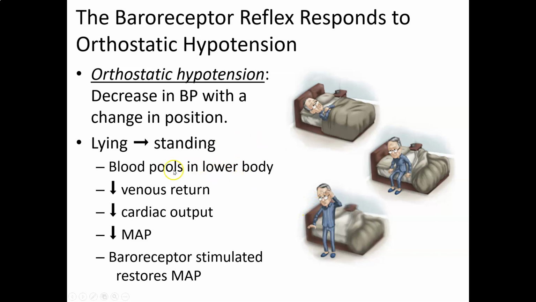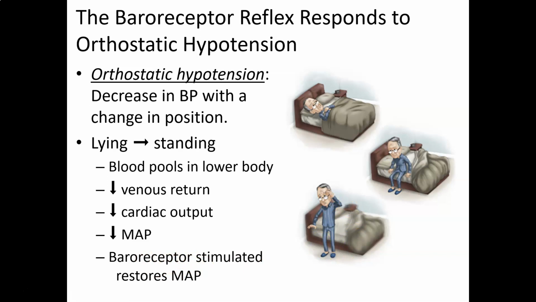The reason why is blood tends to, because of gravity, pool in the lower limbs. That decreases venous return, that decreases cardiac output, and that decreases mean arterial pressure. Once the mean arterial pressure goes down, the baroreceptors are stimulated to increase blood pressure back up.